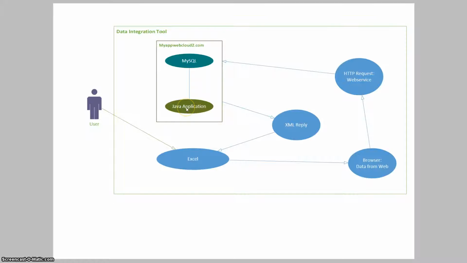Here we have the job application that is deployed there, that was built via the NetBeans integrated development environment, and we have two MySQL databases that represent a financial general ledger of two typical ERP systems, where we make a request to read data and we get the reply back into Excel, where we can then work on it.